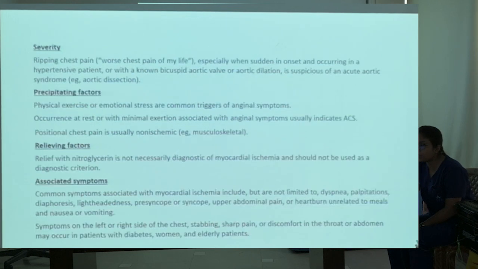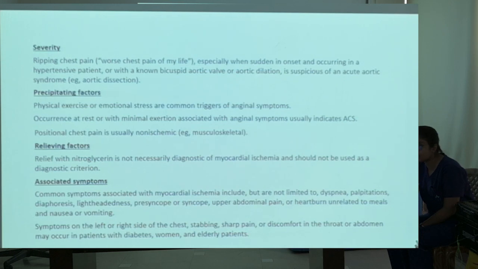Also consider the location, radiation and severity of the pain. Ripping chest pain, which the patient may describe as the worst chest pain of my life, especially when sudden in onset and occurring in a hypertensive patient with a known bicuspid aortic valve or aortic dilation, is suspicious of an acute aortic syndrome like aortic dissection.